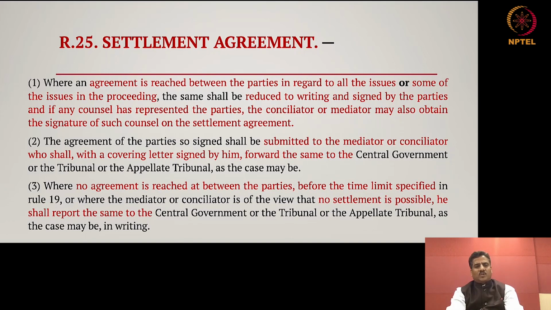And clause 3 talks about where no agreement is reached between the parties before the time limit specified, that is 3 months or an additional 3 months, and no settlement is possible, then the mediator or conciliator shall report the same to the central government or tribunal or appellate tribunal in writing. Everything should be in writing.